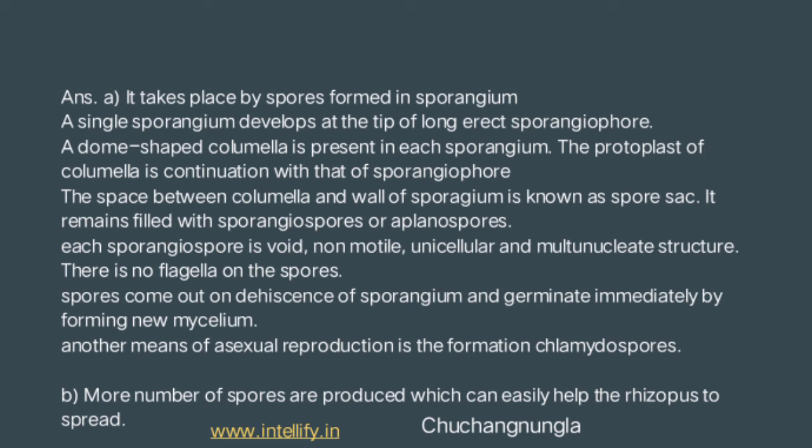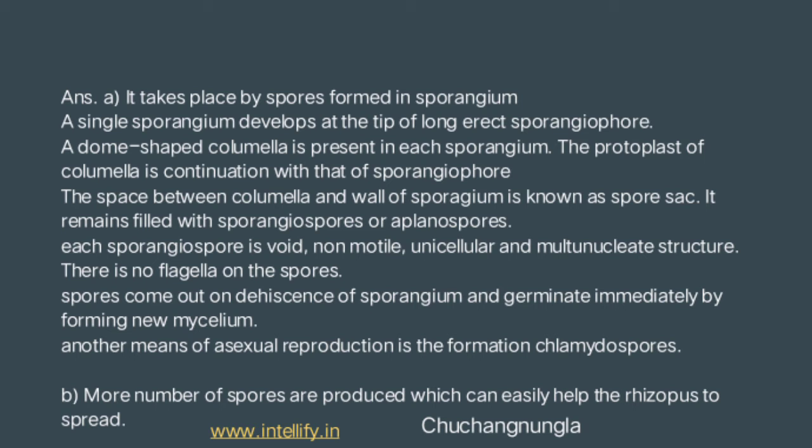Each sporangiospore is ovoid, non-motile, unicellular, and multinucleate. There is no flagellum on the spores. Spores come out on dehiscence of a sporangium and germinate immediately by forming new mycelium.